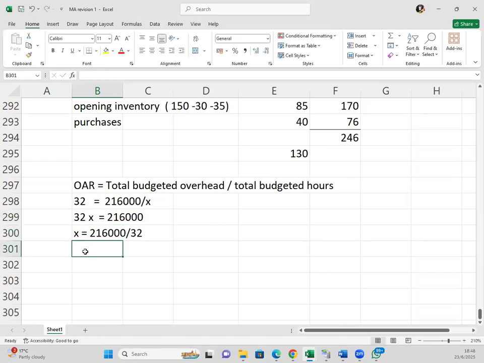X represents the total budgeted hours. So how much are the total budgeted hours? 216,000 divided by 32 is 6,750.